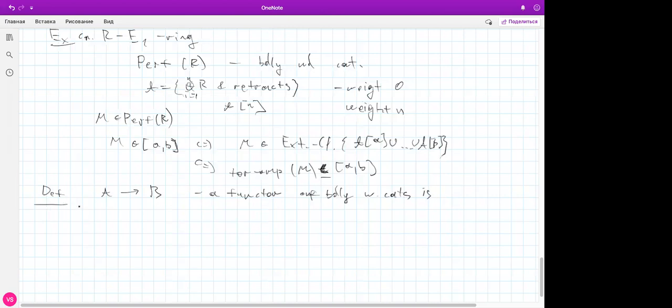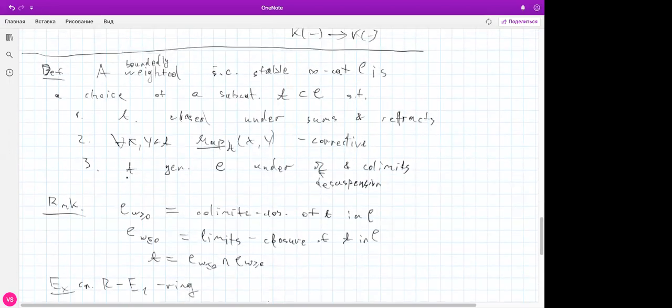A functor of weighted categories is connected if for all x, y in, well, I chose a bad notation. We usually refer to A as C with weight 0, like weight 0 objects.